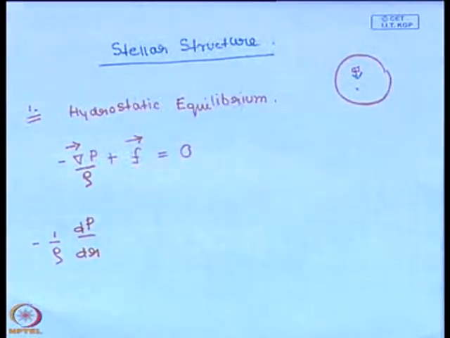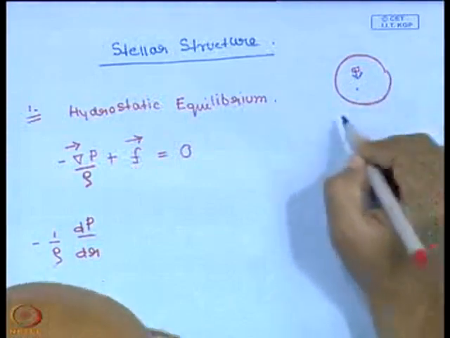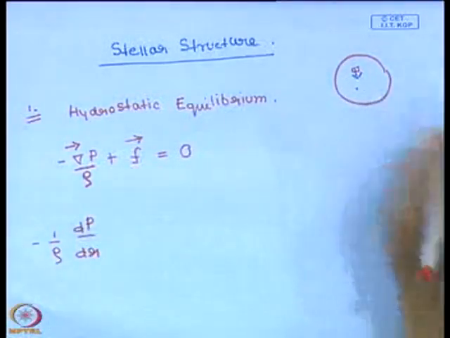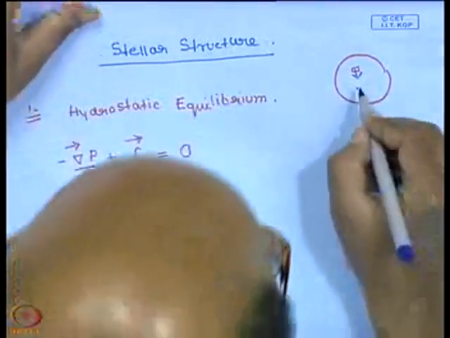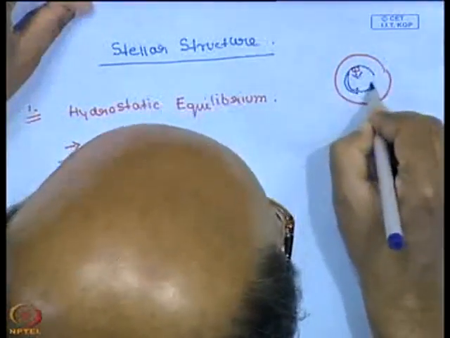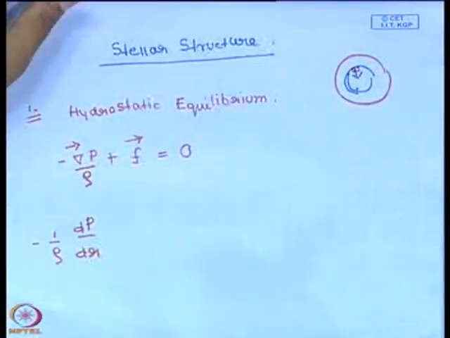Okay. So, the question is, how much is the acceleration per unit mass? Now, we know that if I have spherical symmetry, only the total mass inside this is going to contribute to the acceleration of this fluid element. Okay.